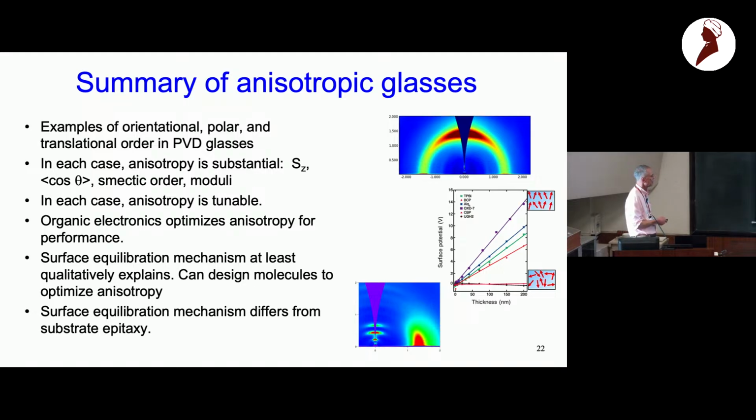We know enough about the process that we can design molecules to optimize the anisotropy. And just to come back to this point, the mechanism we're talking about here is really not substrate epitaxy. It's really about what's happening at the free surface, not what's happening with whatever you started with.